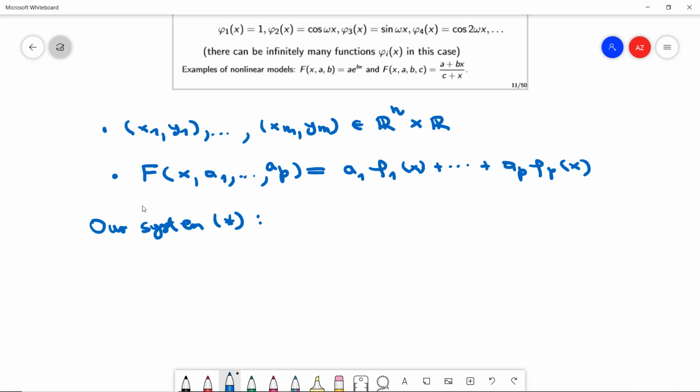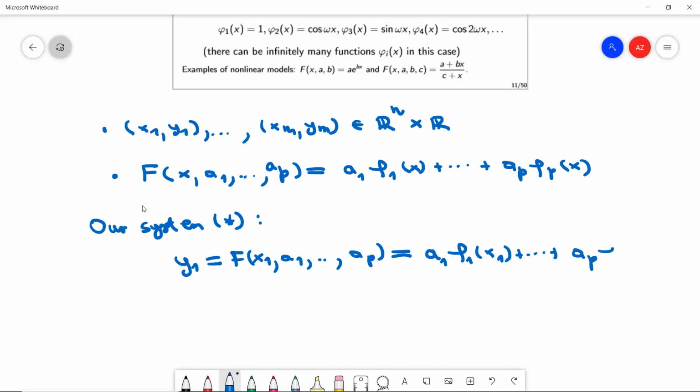out of the system. So we have y1 is F of x1, with parameters a1 up to ap. And for this specific f, it is a1 phi 1 x1 plus ... plus ap phi p x1. And the same for the other points.